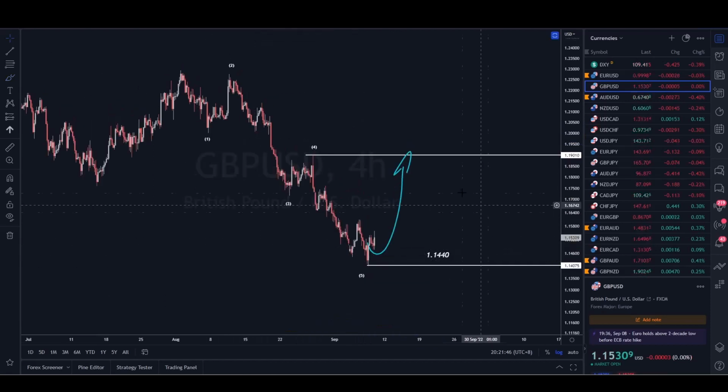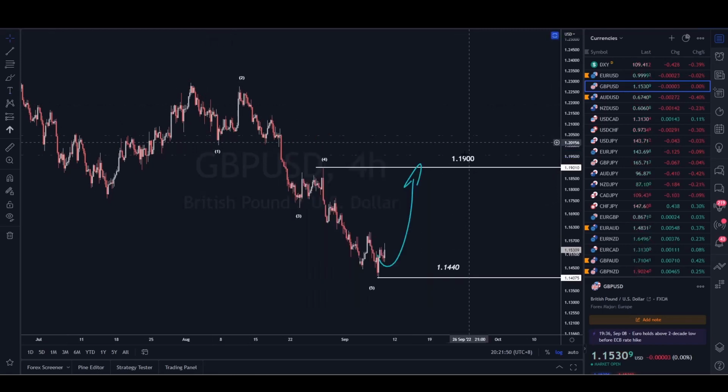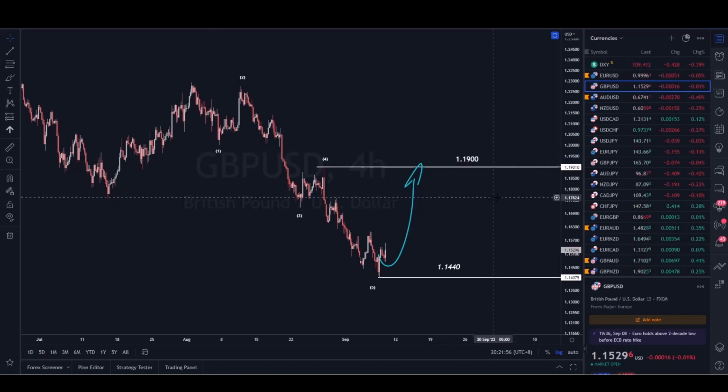If you're looking at pound dollar, I wouldn't suggest looking for a sell right now, but instead the direction to focus on is potentially a reversal back to the upside with a potential high at 1.1900. You have many different forms of strategy to get involved in a trade.